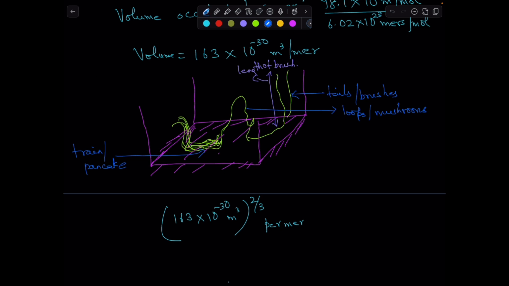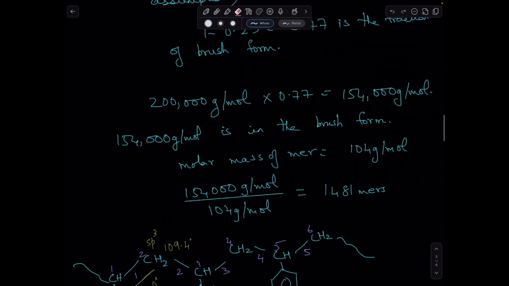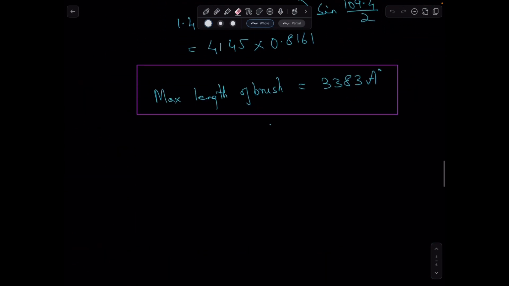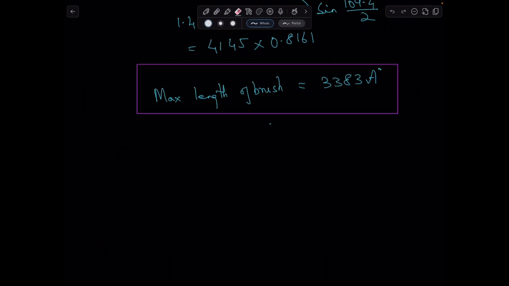There could be some loops besides the train form and the brush form. So let us make some realistic assumption and say that 50% of the remaining is in the brush form and 50% is in the loop form or in the mushroom form.